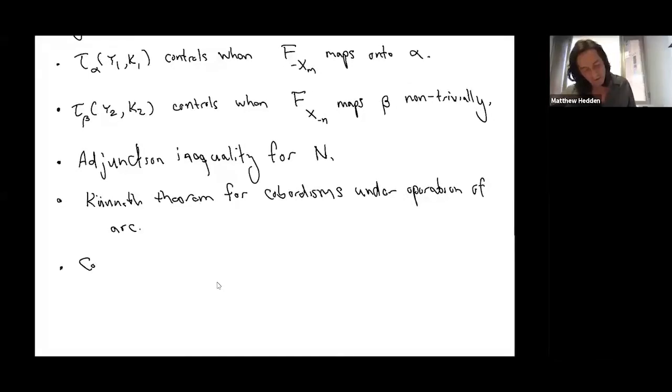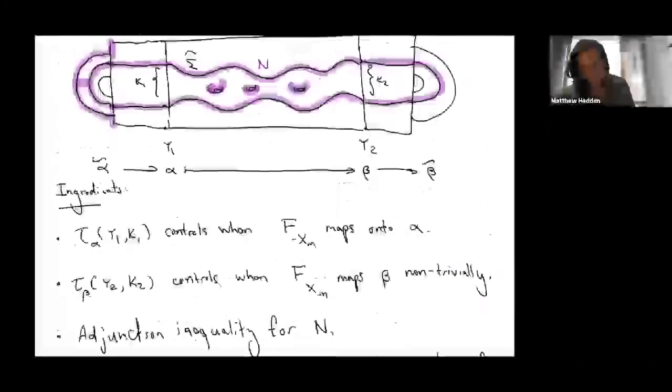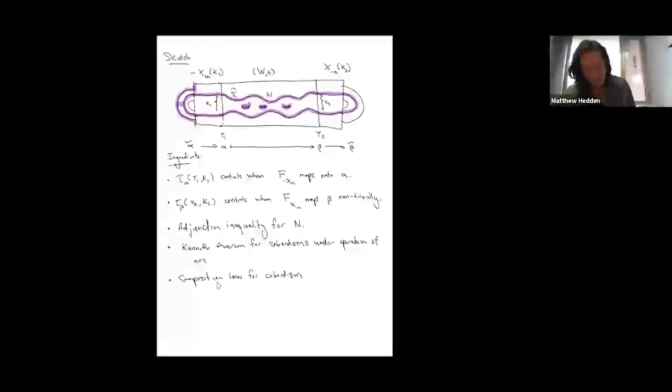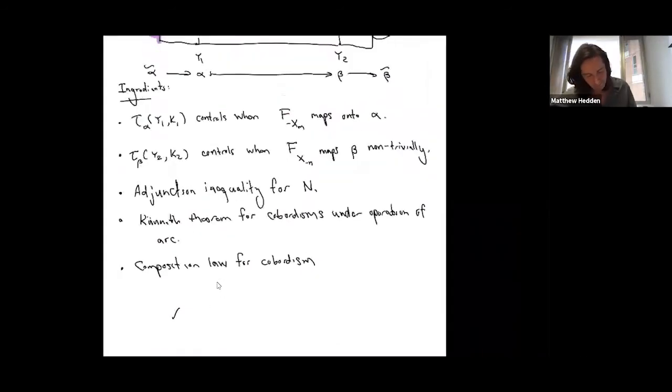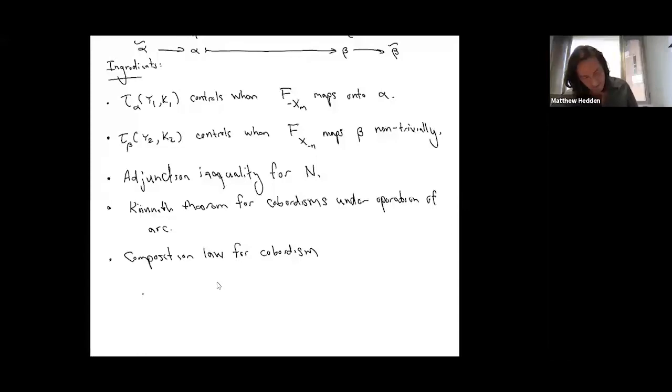use the composition law for cobordisms. So if I think about this cobordism, the extended cobordism, I can factor the cobordism map F_W, or extended cobordism, is F_N composed with F_{W minus N}.